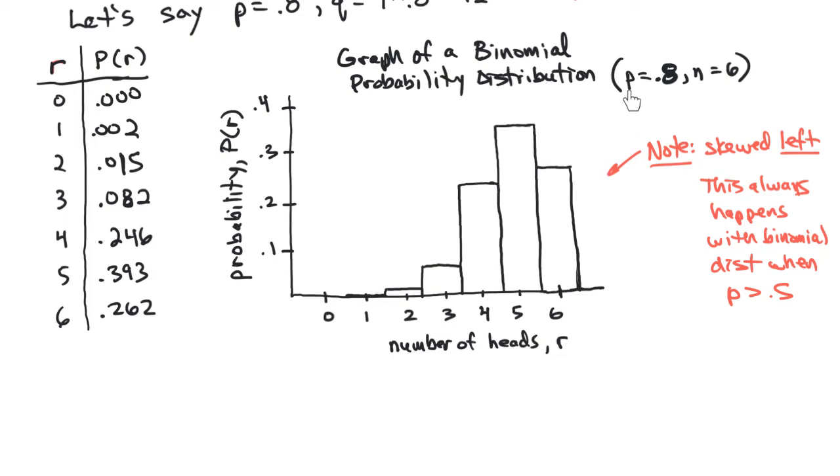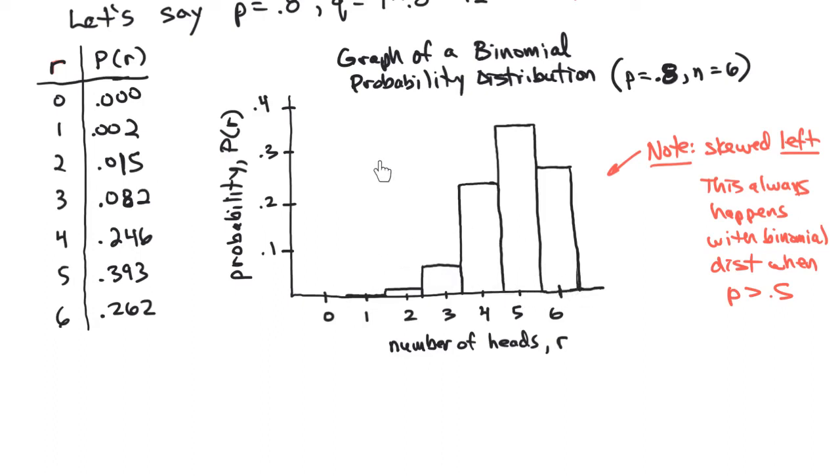Now what if we had the opposite? What if this were like p equals 0.3, so the probability of success was less than half? Well, with a low probability of success, these are going to be pushed over here. We're going to have a lot of low number of successes, and we won't be likely to get 5 or 6.